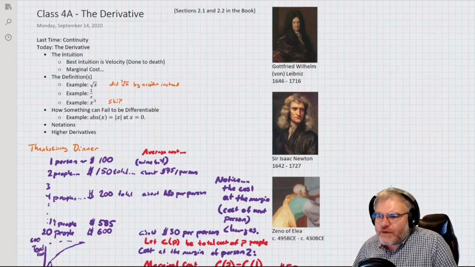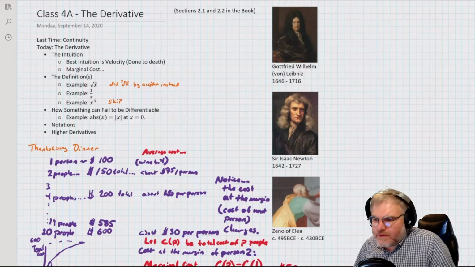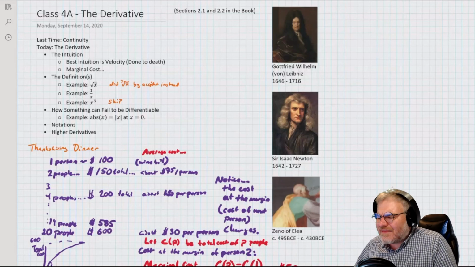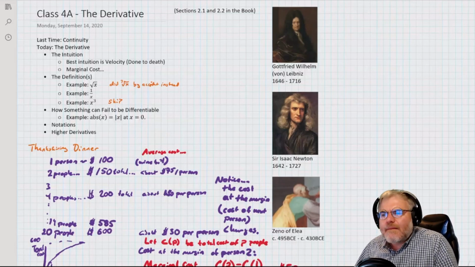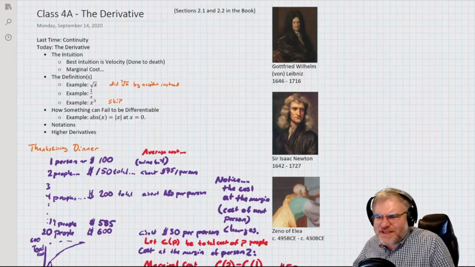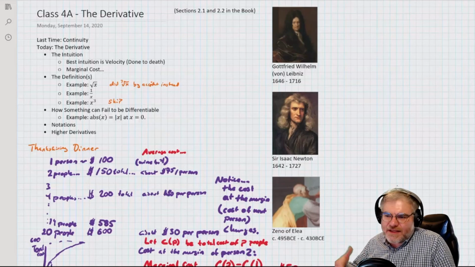Now, if you have any questions, by the way, that higher derivative stuff is in the book. There are examples in the book, in section 2.2. I may have cut it off the problem set because the problem set was running long, but it's one of those things that just looks intimidating, and it isn't. The minute you get the fact that you just keep taking the derivative, you're good.